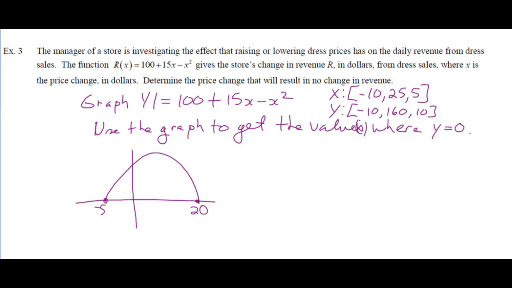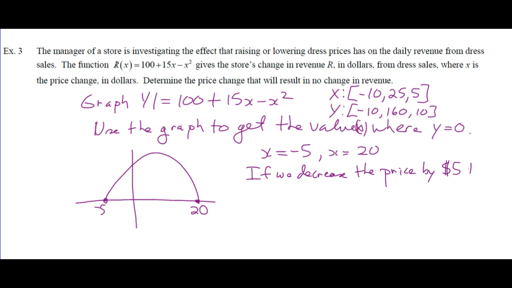So what was x? Price change will result in no change in revenue. So if we decrease the price by $5, that -5 actually has meaning here. So say here, x equals -5, x equals 20. If we decrease the price by $5, there will be no change in revenue.